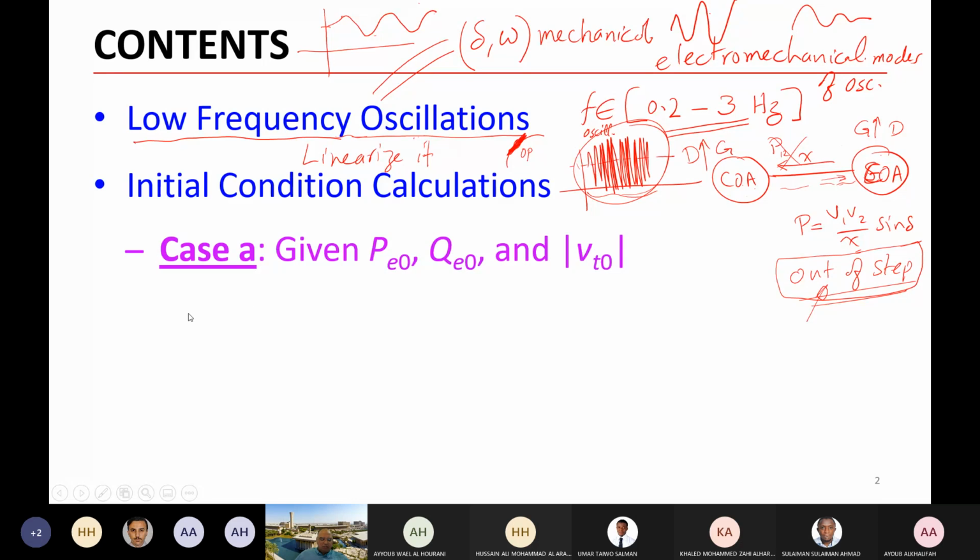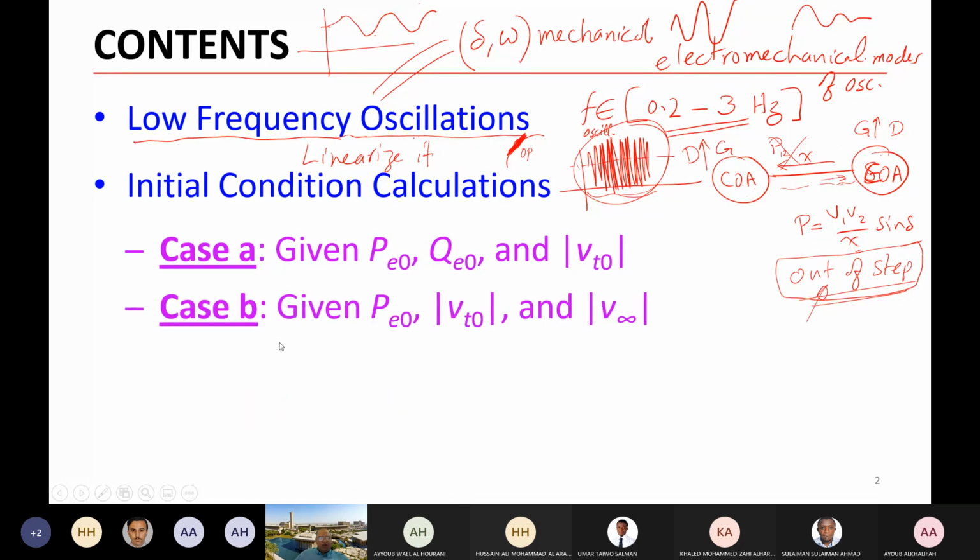Another case is if you are given an electrical power, a terminal voltage, and the infinite bus voltage. This case is rarely used. The infinite bus voltage is not a local measurement, so you need some communication.